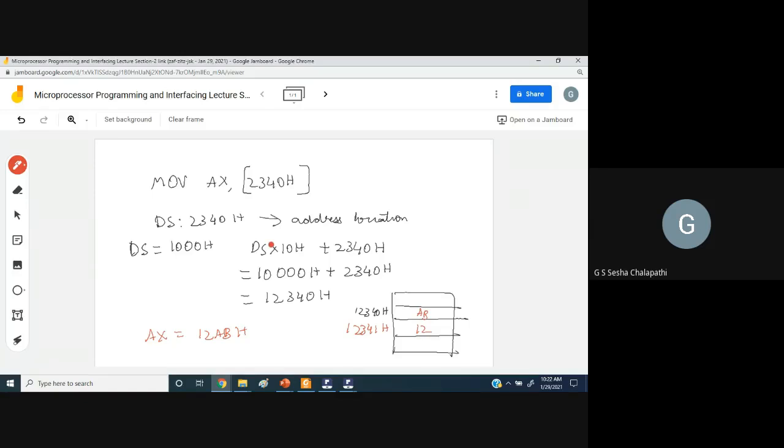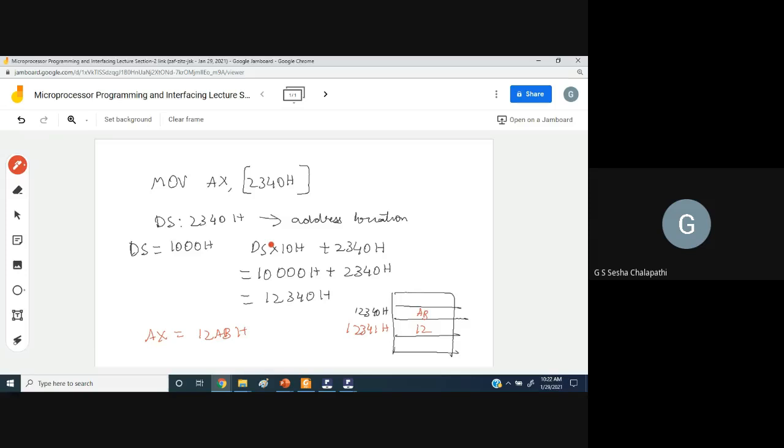Here comes the concept called little endian format. In the 8086 family of processors, memory is stored in little endian format.